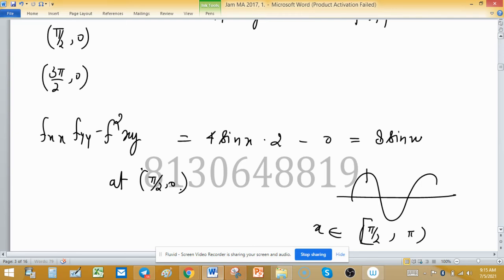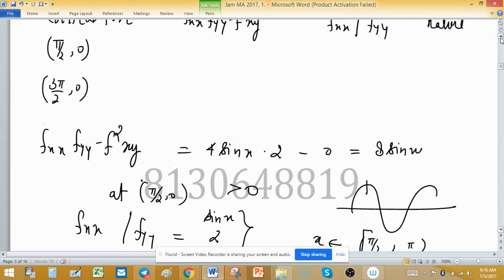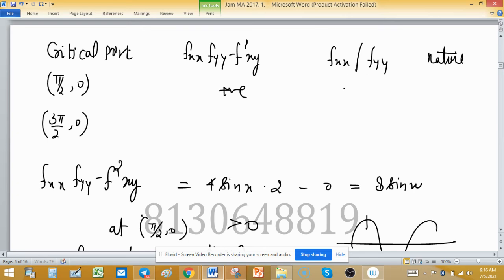So at (pi by 2, 0), 8 sin x is positive, and fxx and fyy are also positive, so this is a point of local minima.